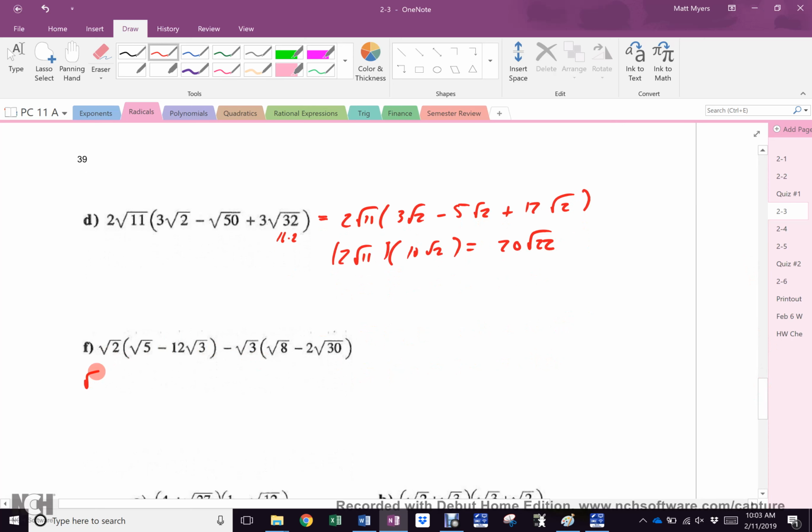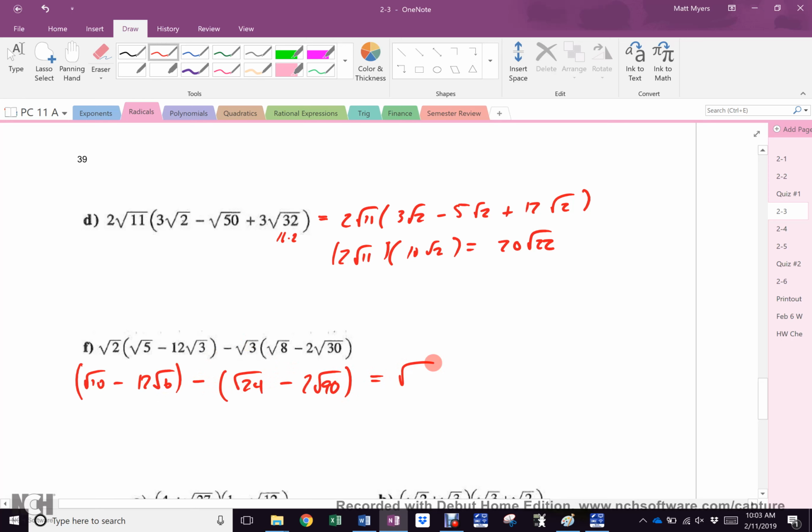This one is root 10 minus 12 root 6 minus root 24 minus 2 root 90. That negative, of course, changes everything here.